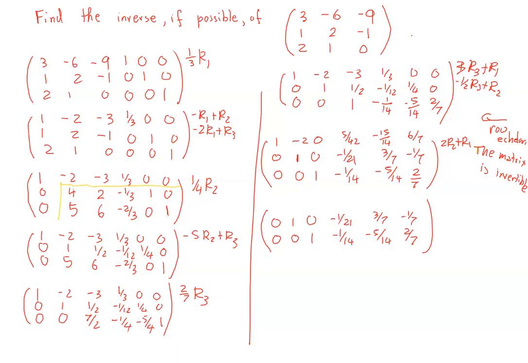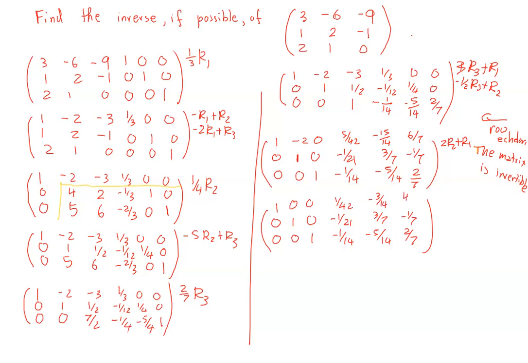So this will give you 1, 0, 0 here, and then you have negative 2/21 plus 5/22. That's negative 4/42. So that will give you 1/42 here. And then you have 6/7 minus 15/14. That's 12/14 minus 15/14. So that's negative 3/14. And finally, you have minus 2/7 plus 6/7.